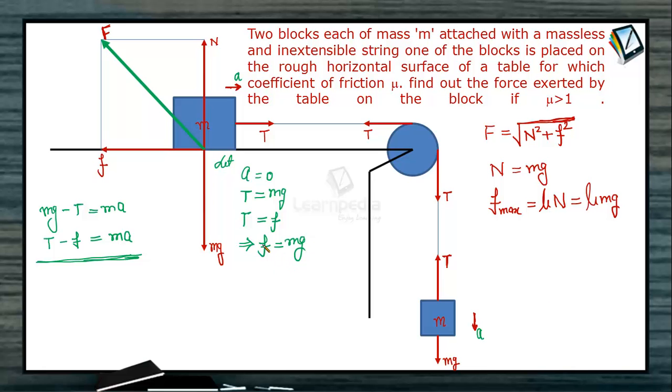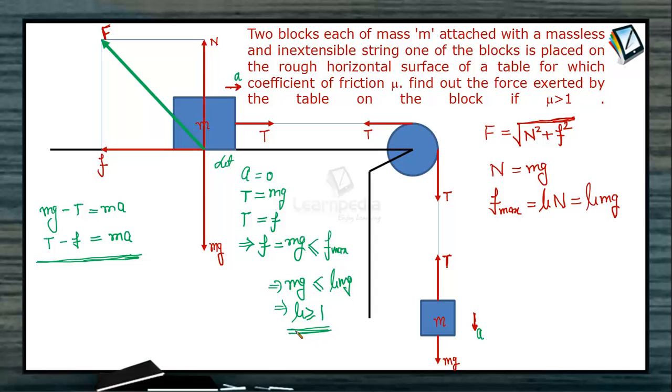Since we have assumed that motion is not taking place, that means a is equal to 0, so this F, mg, must be less than or equal to the maximum possible value of the friction available here. That means mg is less than or equal to mu times mg. That means mu is greater than or equal to 1.